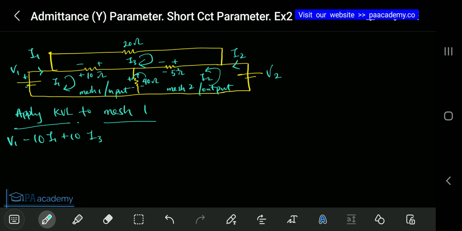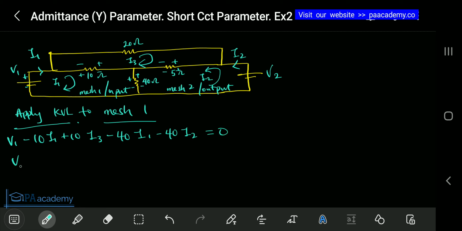So let's move over to the 40 ohms resistor. From positive here to negative due to I1, that would be minus 40 I1. Also from positive to negative due to current I2, that would be minus 40 I2. And that is the end of that particular mesh, so equals to 0.